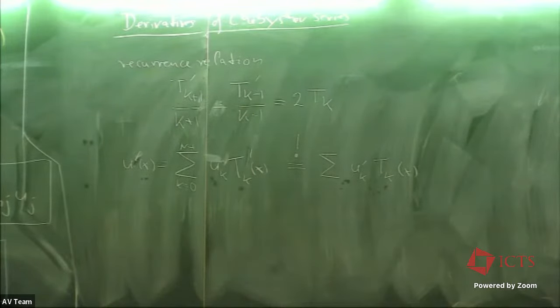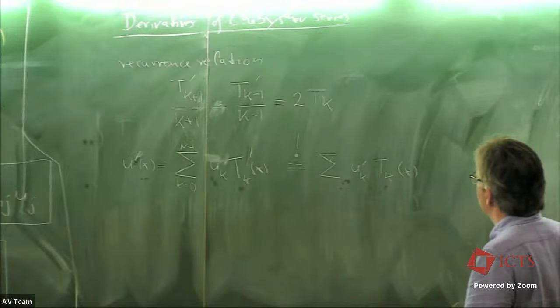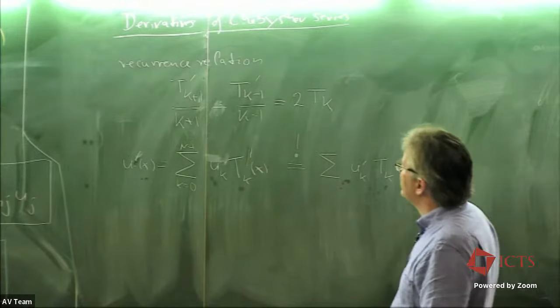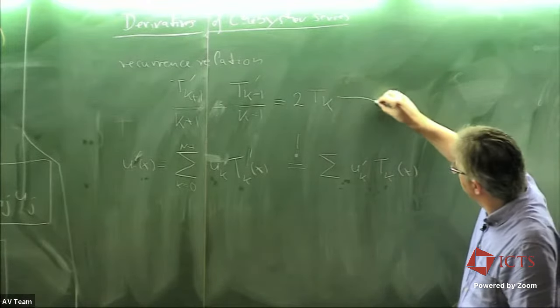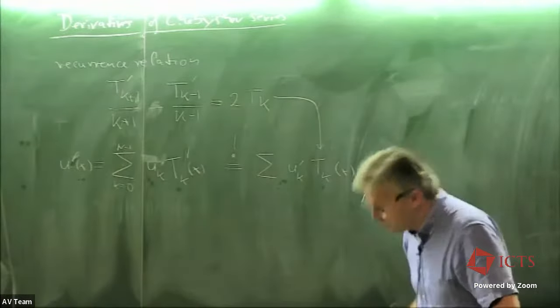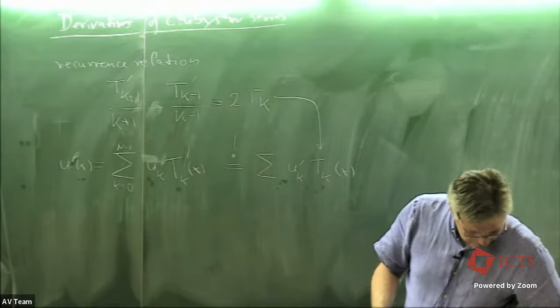Okay, let's substitute in our recurrence relation. And it turns out the best way of doing it is taking this T_k here and substituting our recurrence relation in.